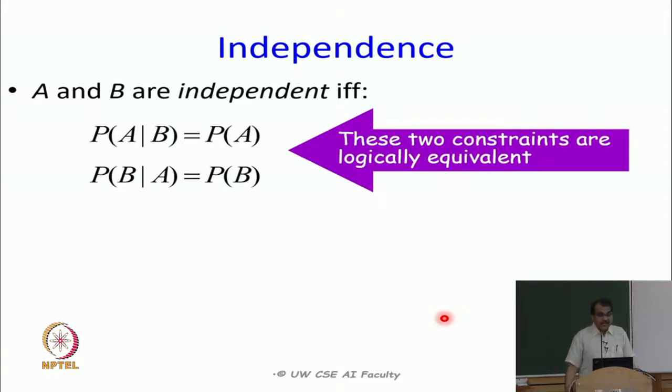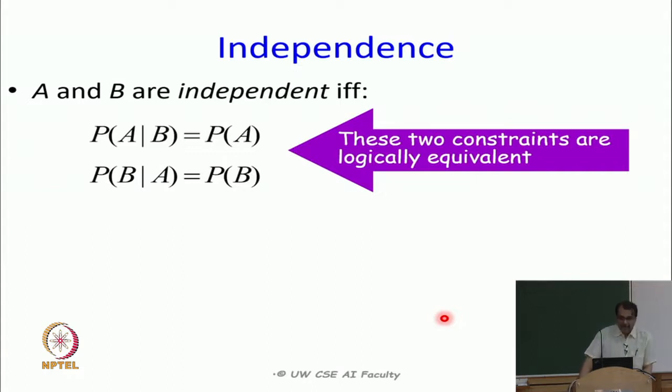Intuitively it says that B is called independent with A if by knowing B I do not change my probability distribution of A. I do not get any new information and that does not change my belief about A. Mathematically that means that by knowing B, so that is A given B, I do not change my distribution, that means probability of A remains the same.